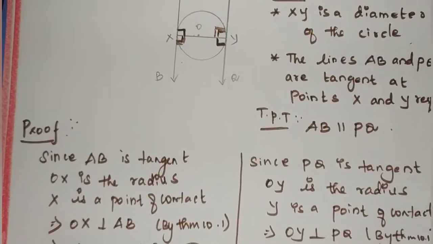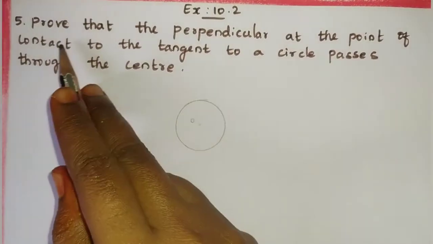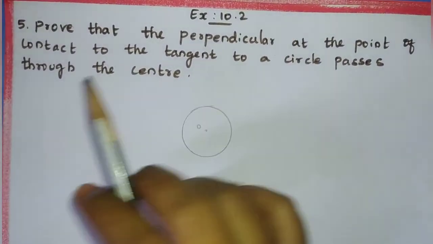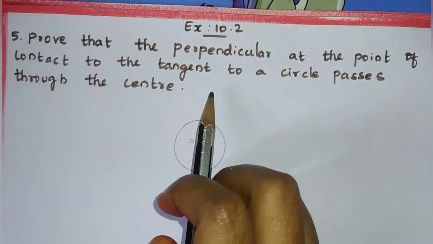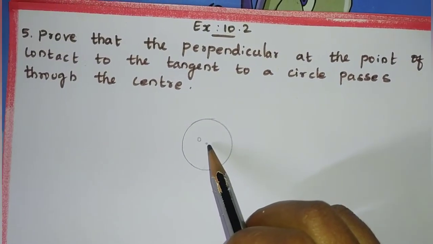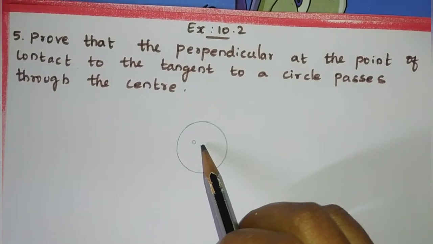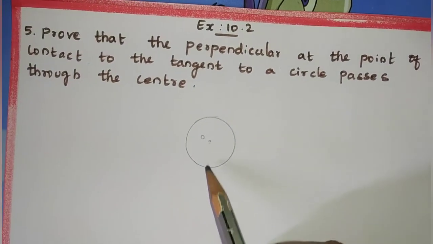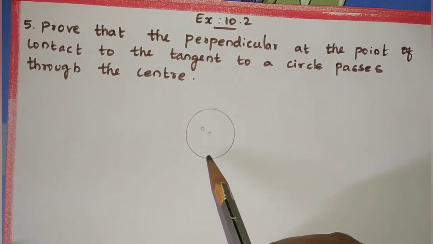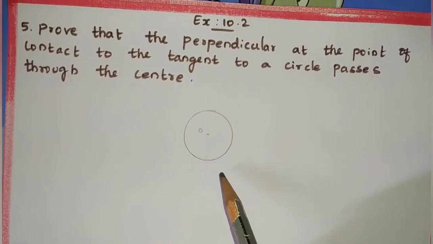Next, fifth problem. Prove that the perpendicular at the point of contact to the tangent to a circle passes through the center. We know that if we join the center and the point of contact of the tangent, then it will make 90 degrees. That we know.